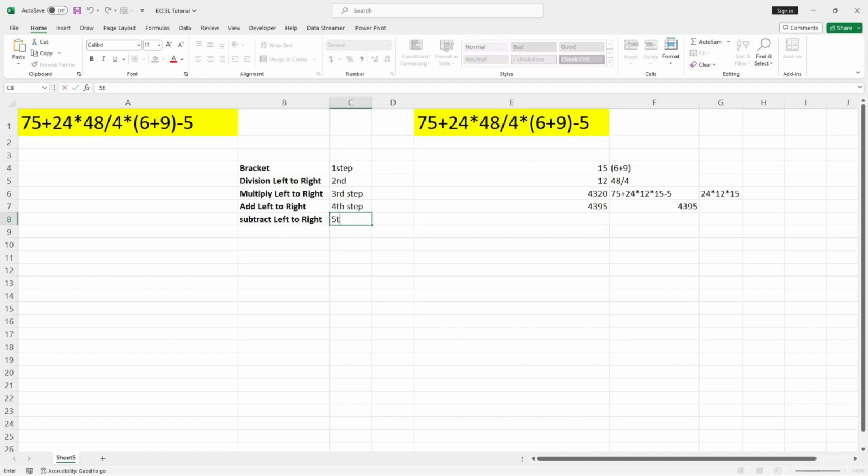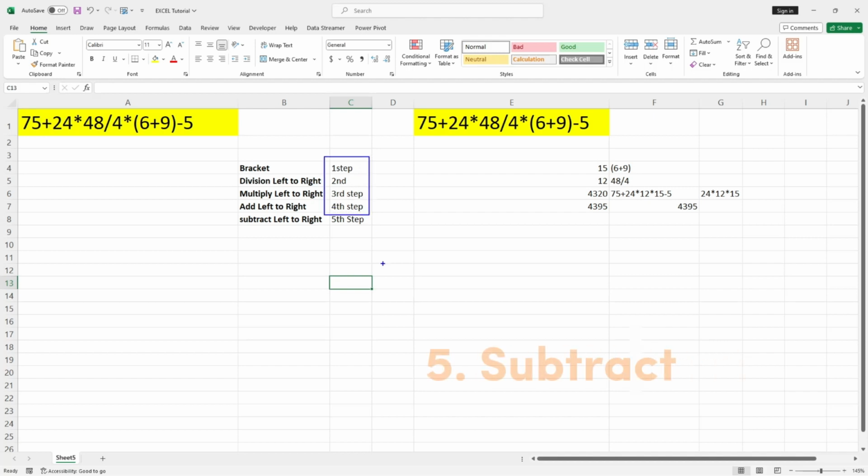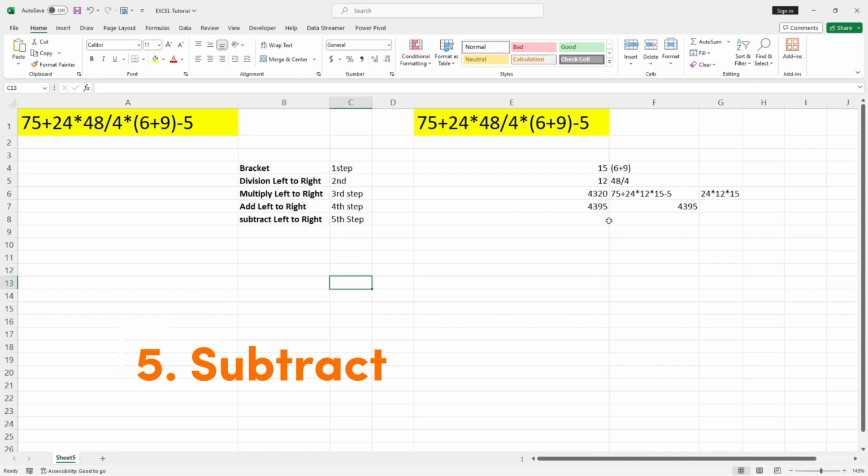Fifth step. After all these operations, the first operation, the second operation, third operation, the last operation will be to minus or subtract the value from the given value. So basically it will subtract the number which is there, left to right.